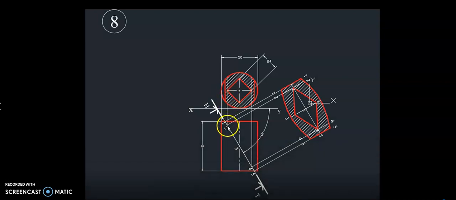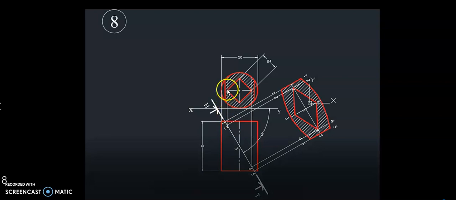That is this one. This point is passing through, its front view passing through this one. So from 2 when you draw the perpendicular, this point has to be here on the axis. Then this distance will be equal to this distance. From here we are measuring this distance and marking these two and these two.